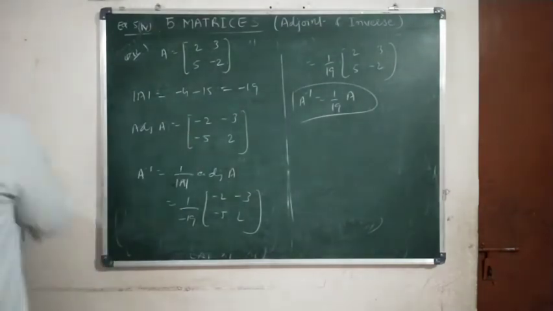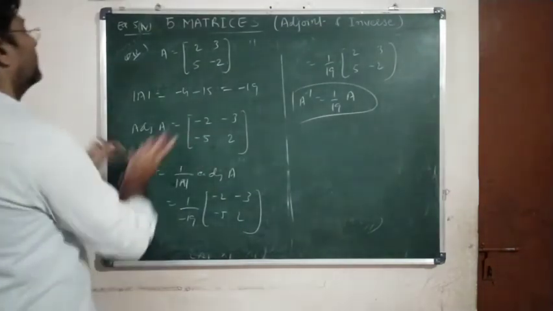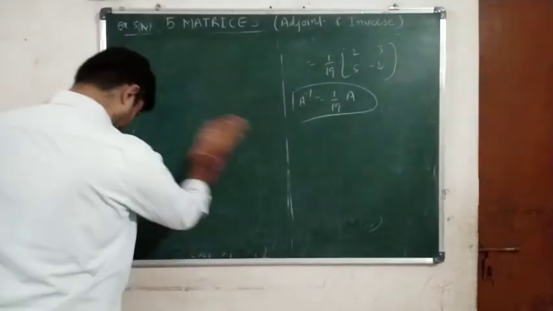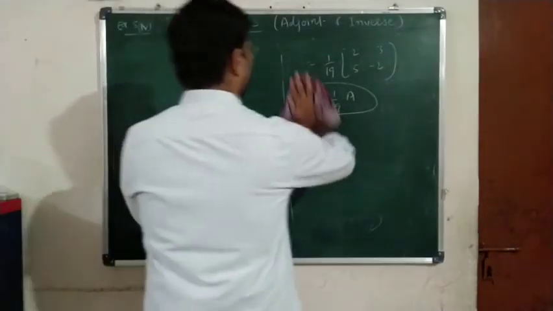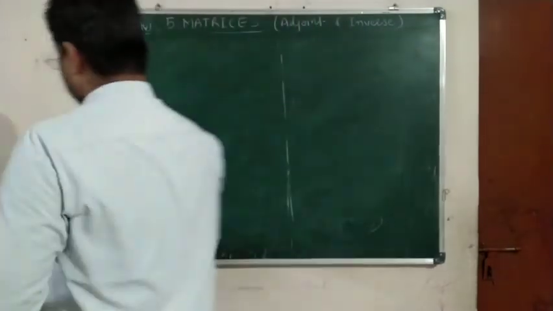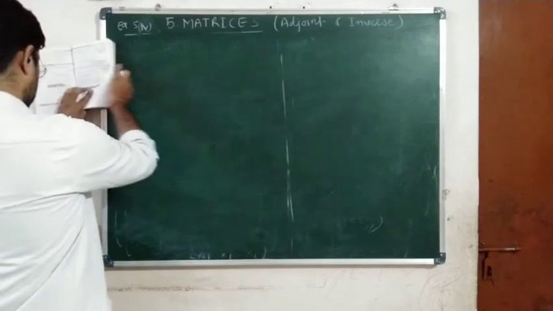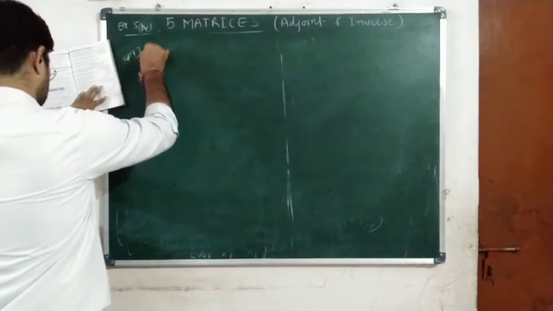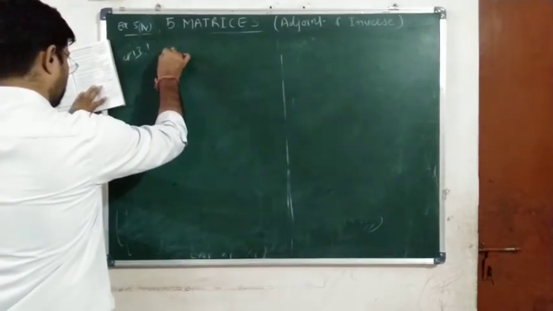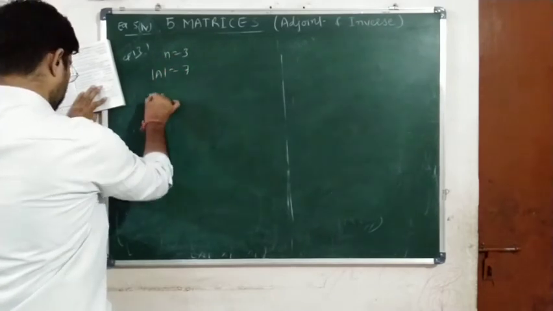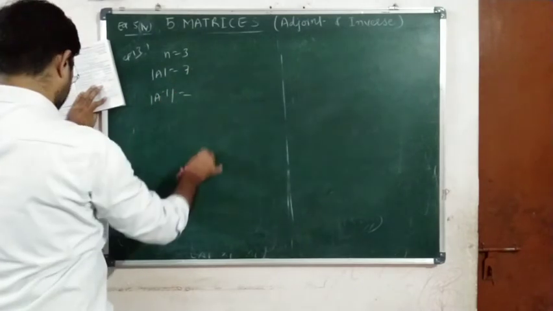Now question number 13. Okay, A is an invertible matrix of order 3, determinant of A inverse.